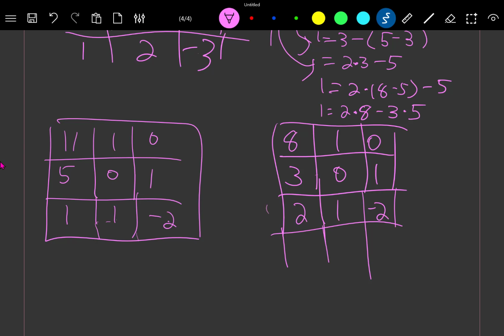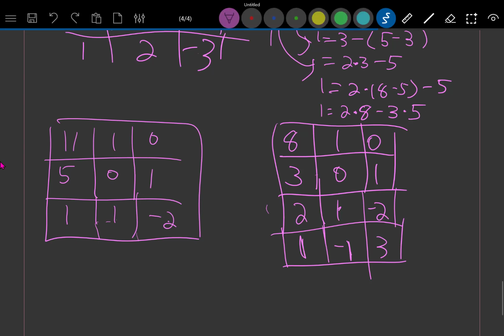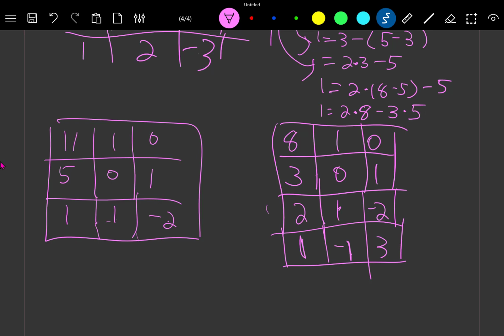So you subtract 1 of the third row from the second row, and you get 1, minus 2, and 3. We subtracted 1 of this from this, so this becomes negative 1, that's 3. So it tells you that 1 is equal to negative 8 plus 3 times 3.